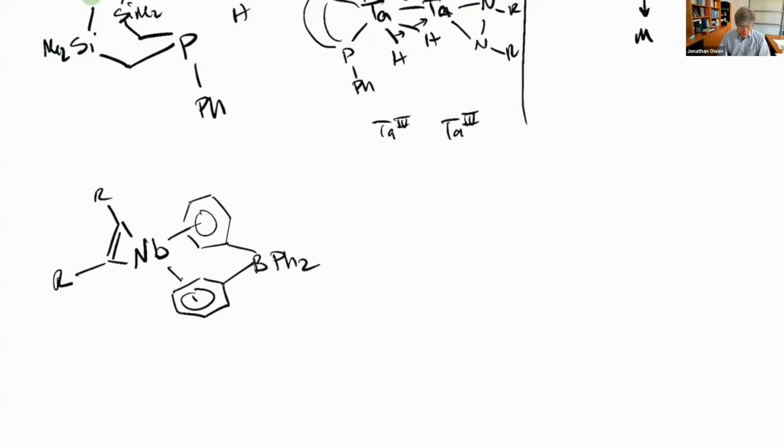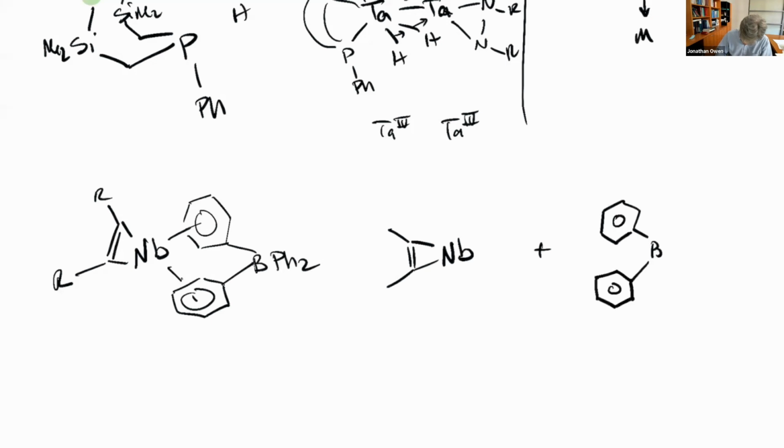So I'm going to just do a little bit of math here for you for a second. I'm going to pull this thing apart by pulling off a tetraphenyl borate. This compound over here on the right has a negative charge.